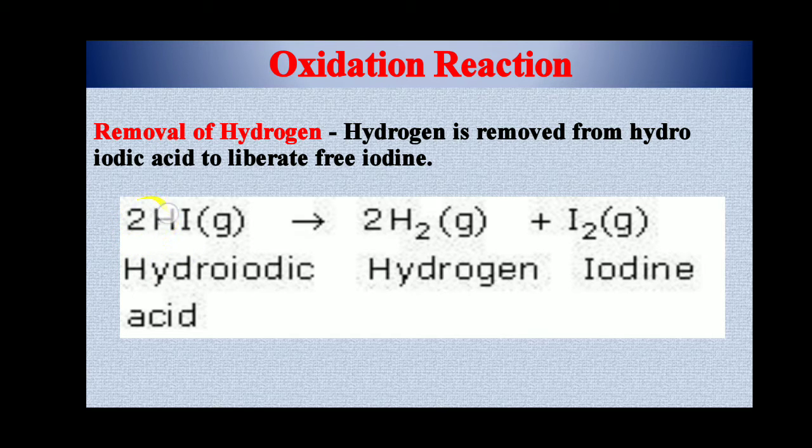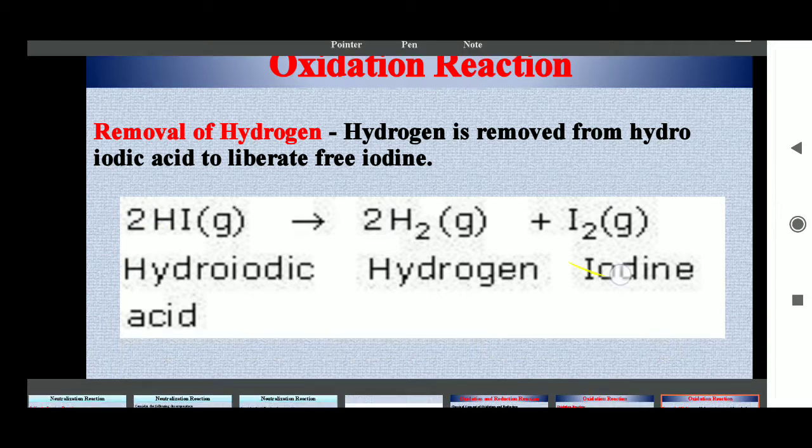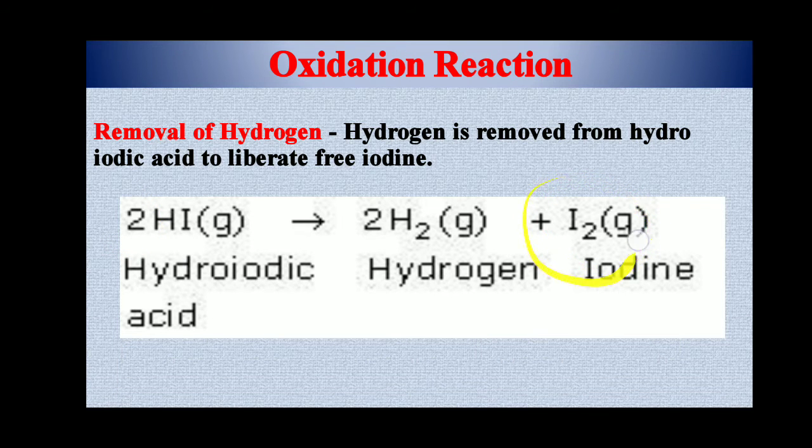So this hydrogen is removed and it makes free iodine, and that is why it is again an oxidation reaction, but based on removal of hydrogen. Clearly you can see that we are getting the free form of iodine because hydrogen is removed from that HI, that is hydroiodic acid.